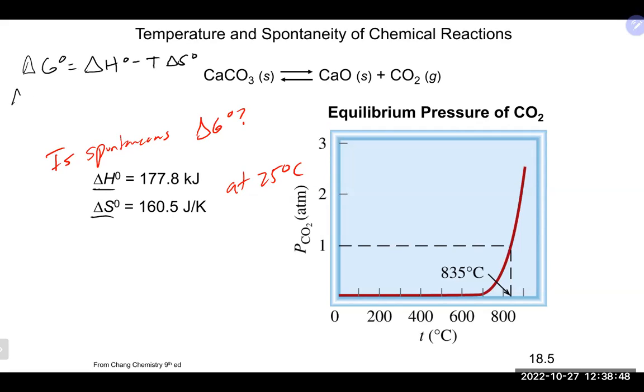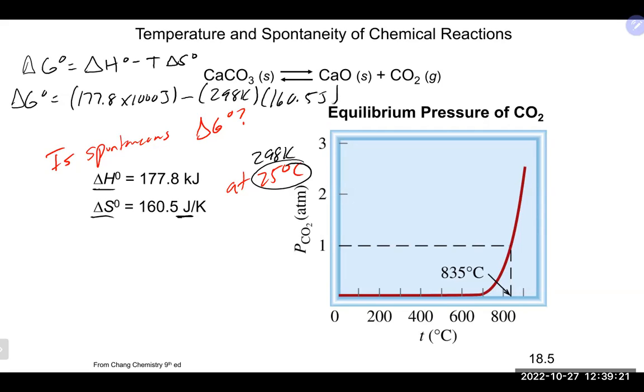So putting it in here, our delta G will equal our H, which is 177.8. I'm going to multiply by 1,000. And the reason I did that is my S is in joules, so you need to do some type of conversion in this formula, otherwise you're going to be in trouble. Obviously, 25 degrees, as we did earlier, plus 273 gives us 298 Kelvin, and our delta S is 160.5 joules.